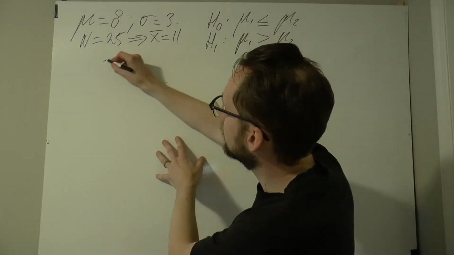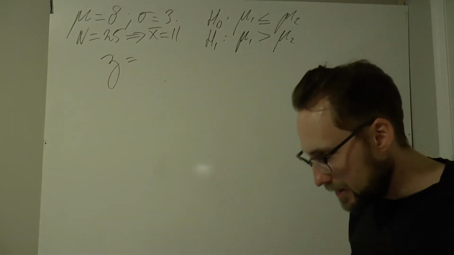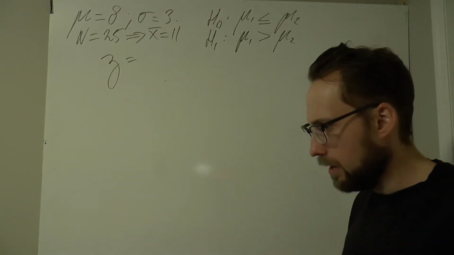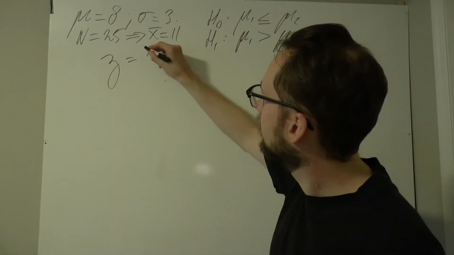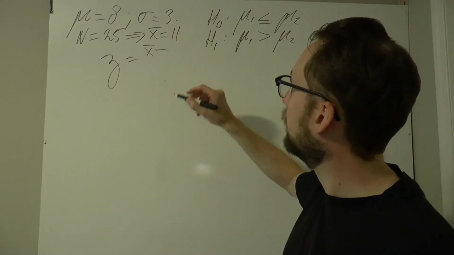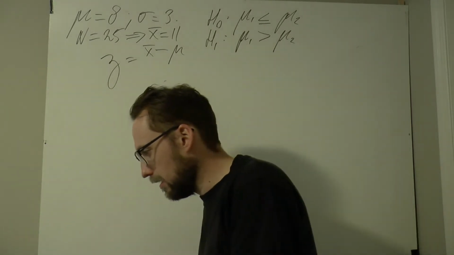This is what we will be using. Z, this is not a Z-score, but a Z-test, okay, equals my sample mean, I already have that, minus my population mean, well, I already have that too.